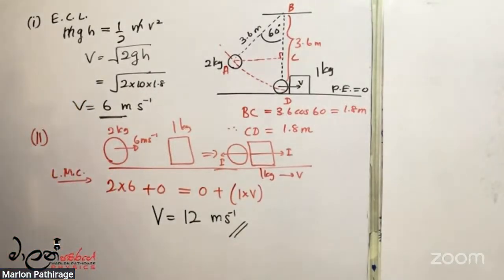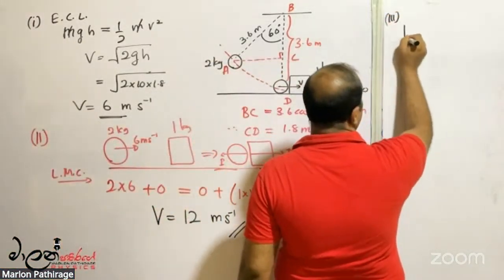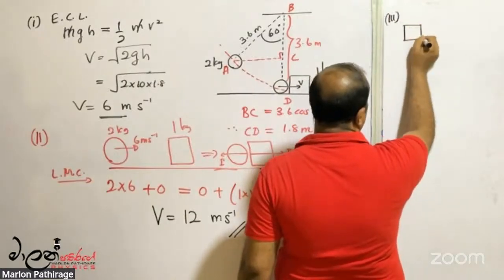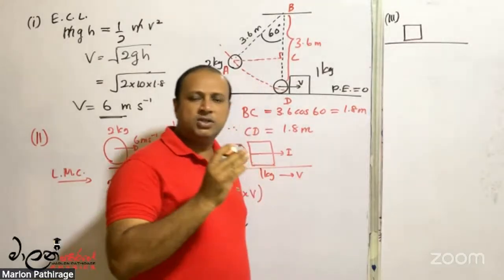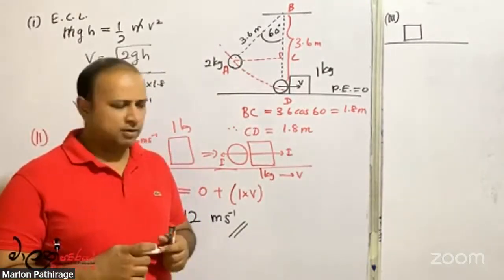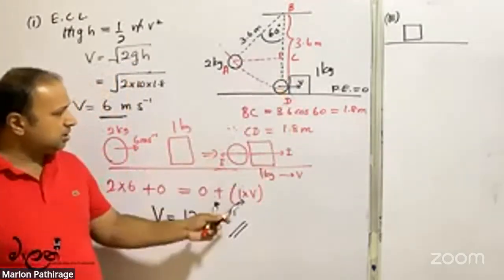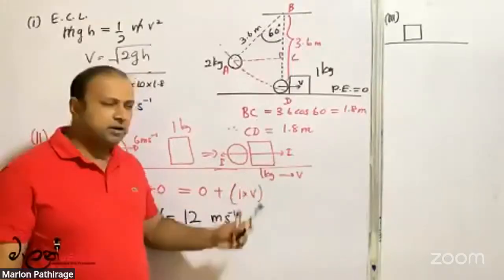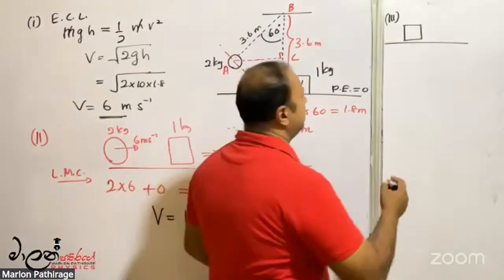Now, what will happen? The 1 kg object starts to move with a velocity of 12 m/s.